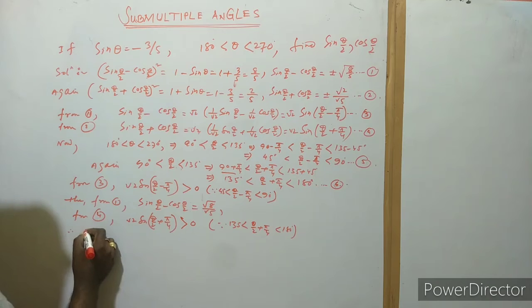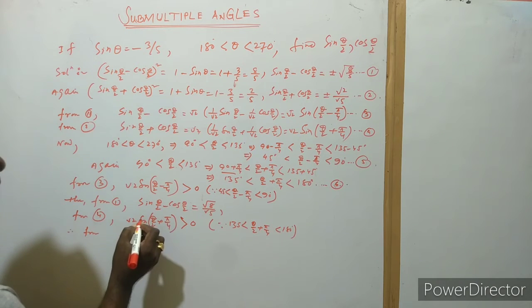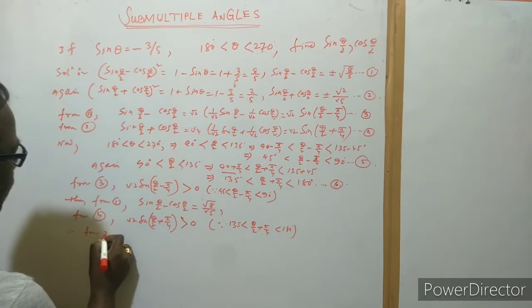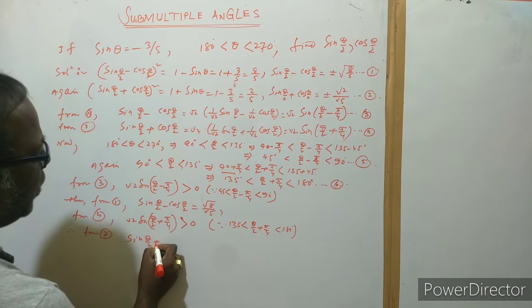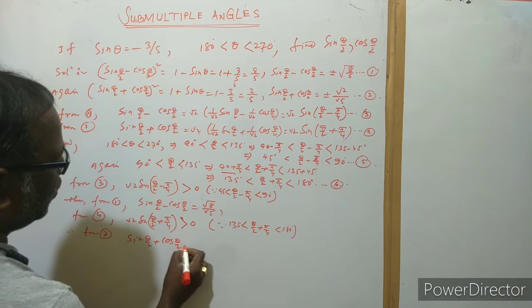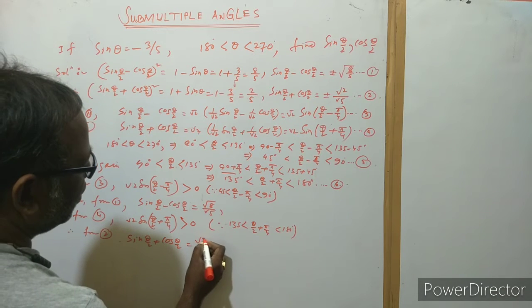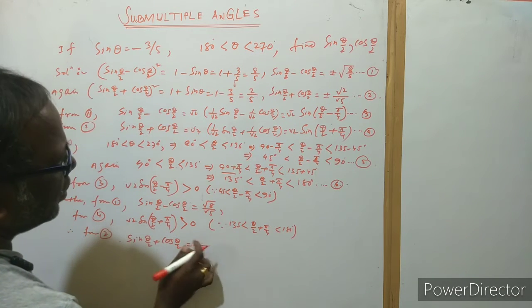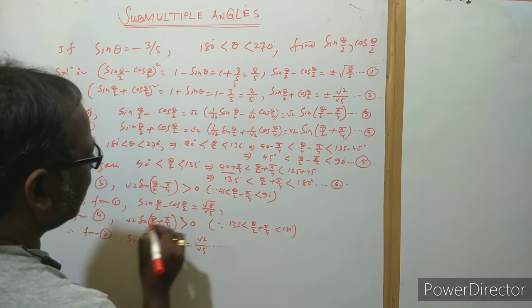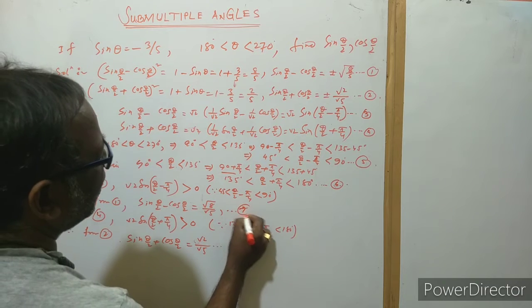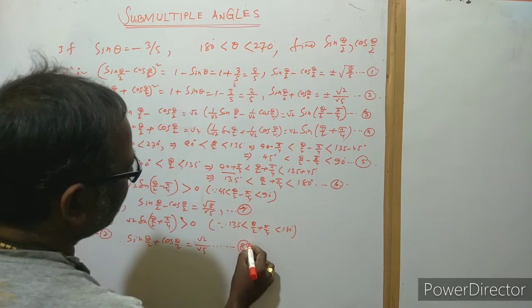Therefore from 2, we can write sin theta by 2 plus cos theta by 2 is equal to root 2 by 5. Sorry, root 2 by root 5. So this is here 7, and this is here 8.